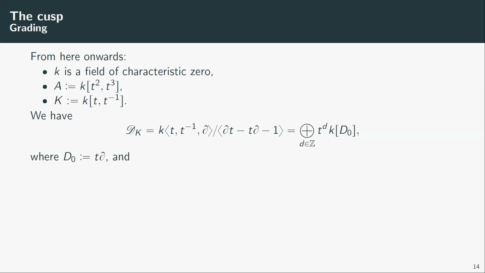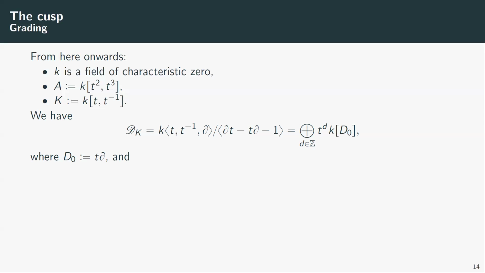It has a canonical grading, which is induced by the grading on K, where the element t is of degree 1 and partial is of degree -1. However, to have a nice description of the graded parts, we will write the elements in this ring in terms of t and t partial, which is of degree 0.